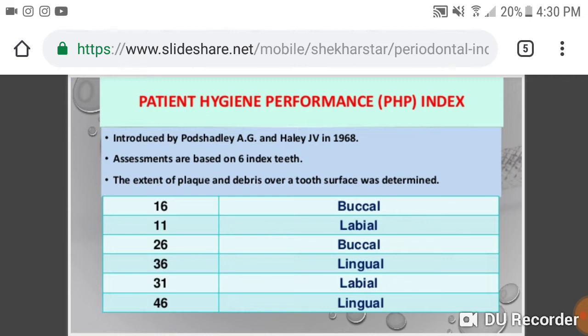For the first anterior, we have the labial surface. For the first premolar on the other side, on the upper as well, we have the buccal. For the lower molar, sorry, the 6 is a molar, first molar, so the lower molar on the right, we use the lingual surface. Then 3 1 we use labial, 4 6 we use lingual.